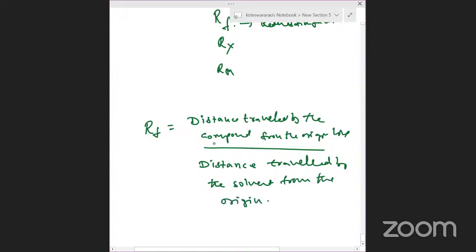By using this equation, we can calculate the RF value for each component present in the mixture.